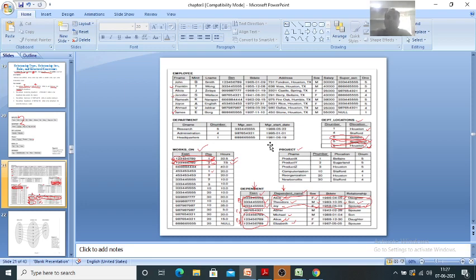I will send you this diagram, so you can keep it with you whenever such queries are asked.